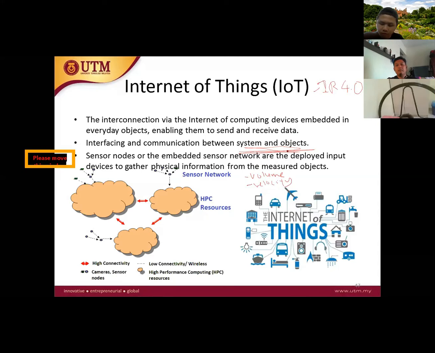Velocity means how fast the devices can connect with each other, and most importantly, how data can be transferred from one part of the world to another part of the world. And the third one is veracity.